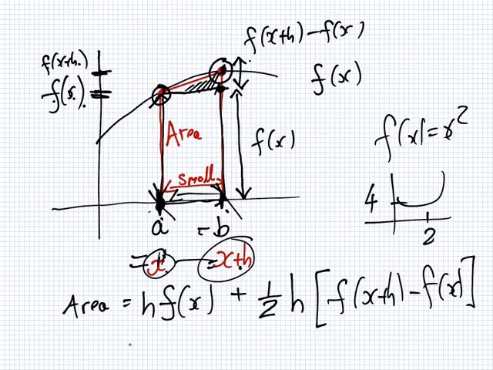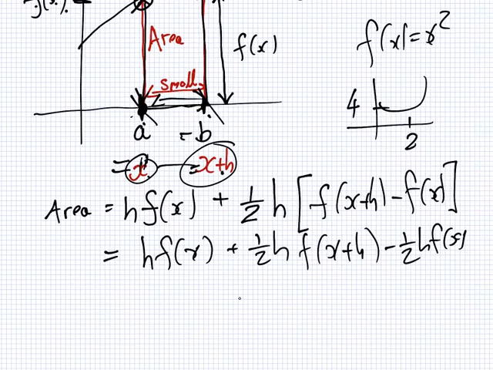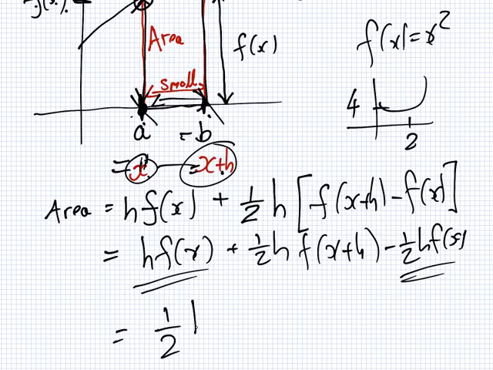So, here, let's simplify this a little bit. h f of x plus a half h f of x plus h minus a half h f of x. So, I can put this one with this one, and what am I left with? A half h f of x plus a half h f of x plus h.